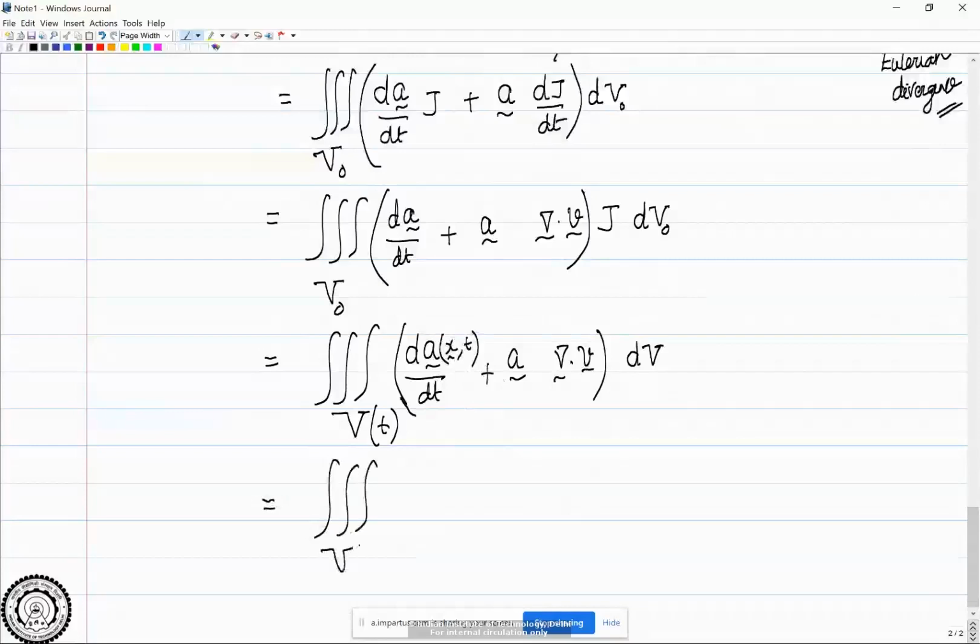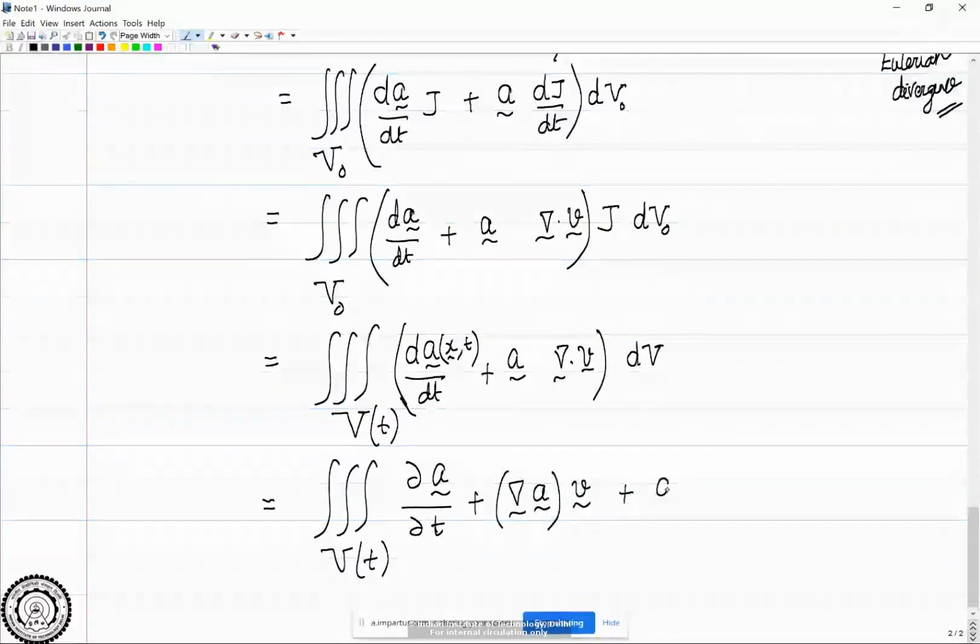It's an integration over the volume V. You have del A over del t, that's the local rate of change, plus gradient of A multiplied with the velocity v, and then you have plus A grad dot v. Is that okay with all of you?